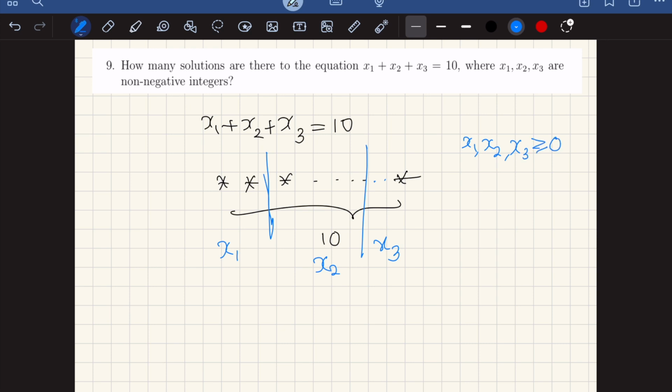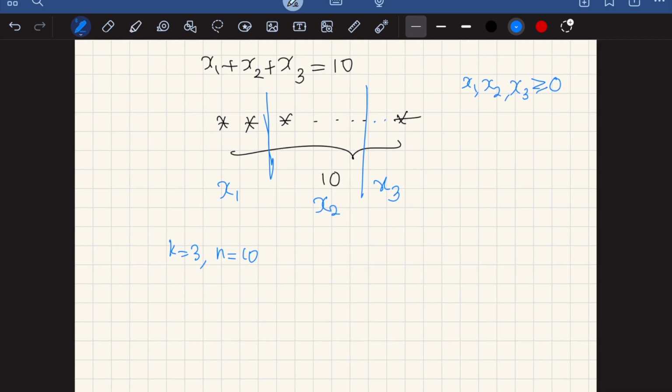The k for us is 3 because you want 3 partitions, and n for us is 10. By directly putting into the formula, you get 12 choose 2, which is 66, the same as what all of you have got.